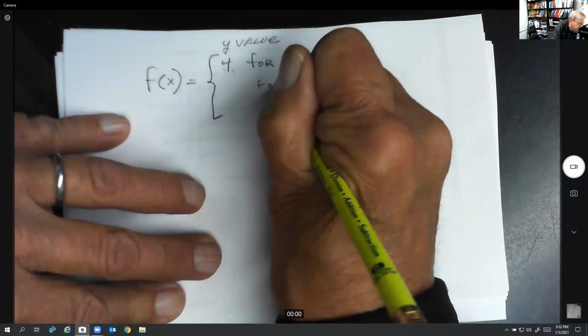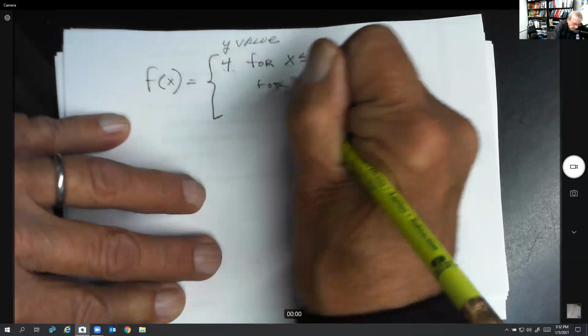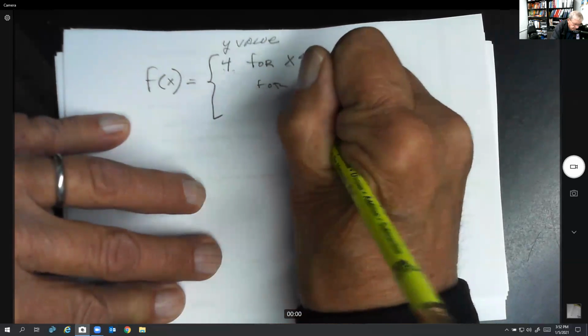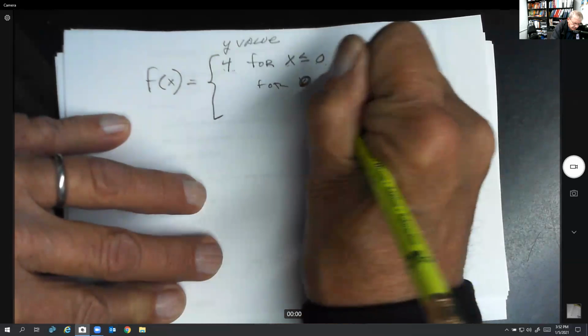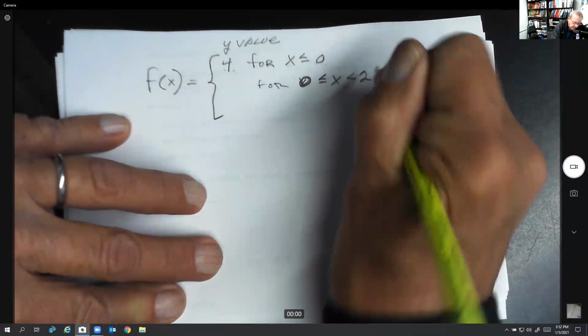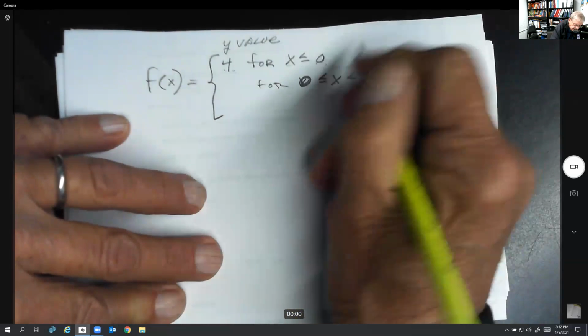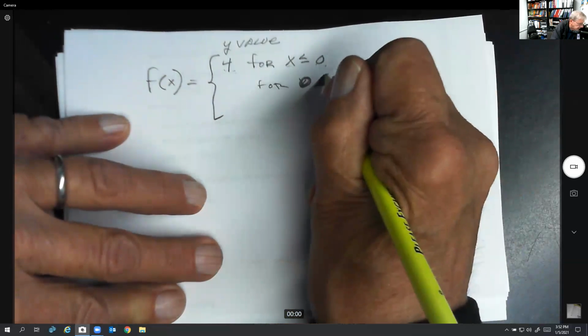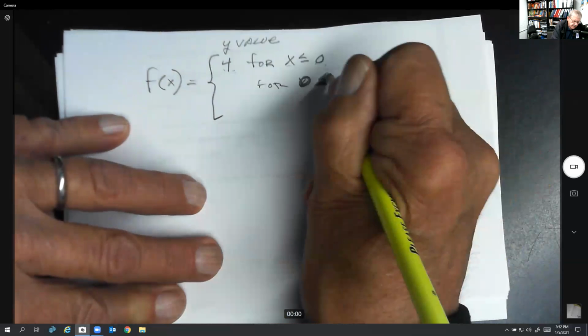When x is a number between 0, this is a between statement, and 2. It could be equal to, this is not equal exactly, this should be open, this is closed.